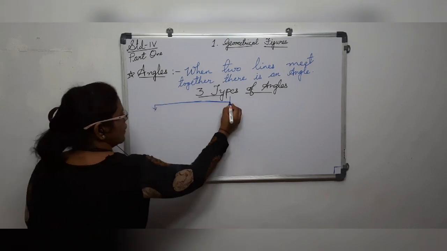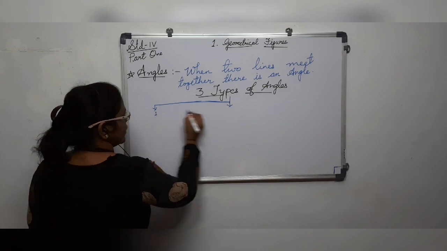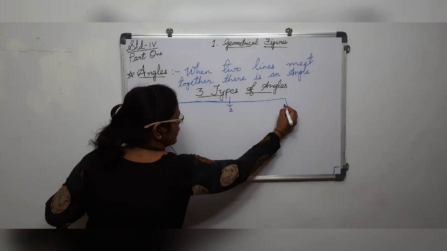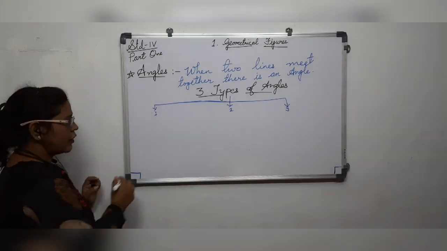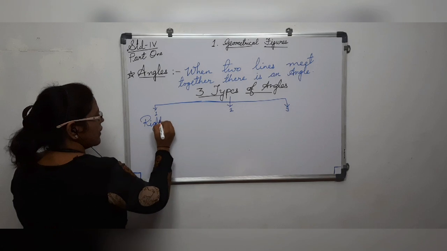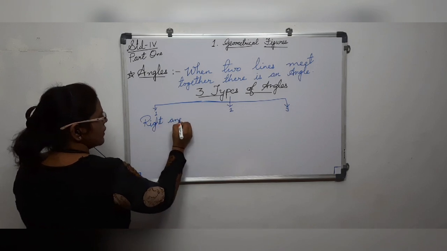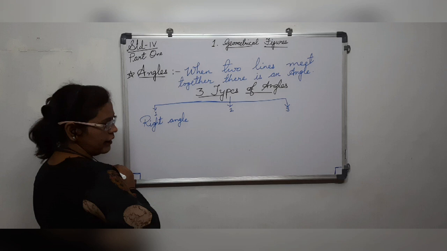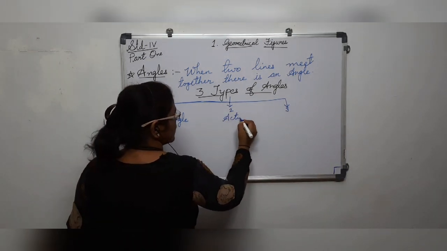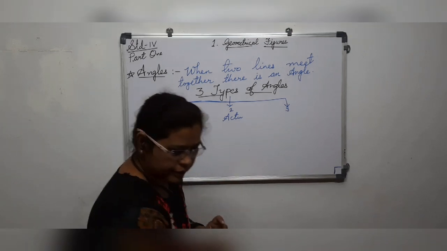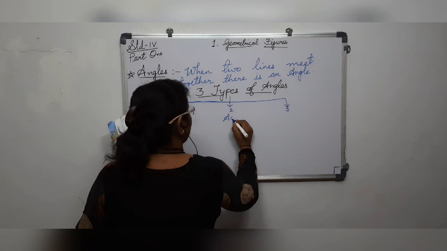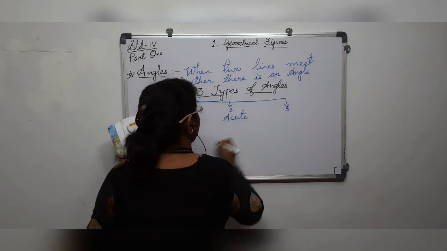The first angle you are going to learn is a right angle. Then the second one is acute, A-C-U-T-E, acute angle.